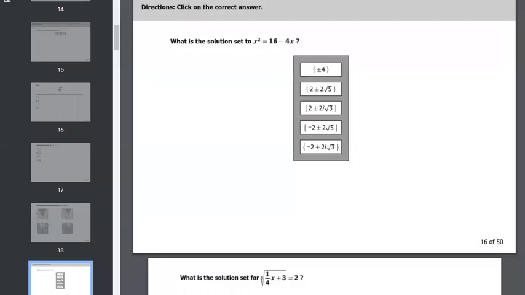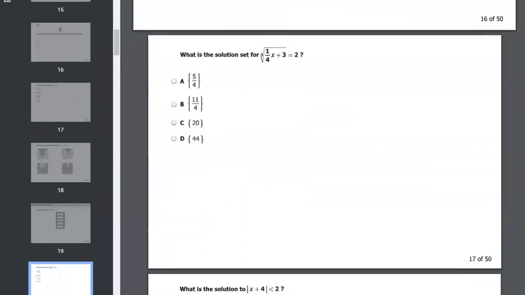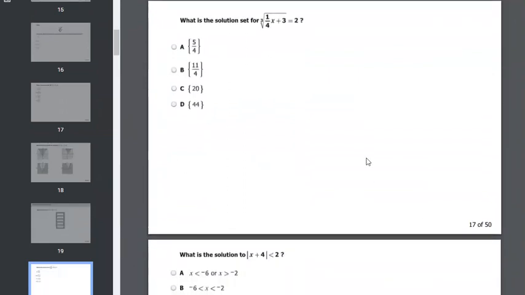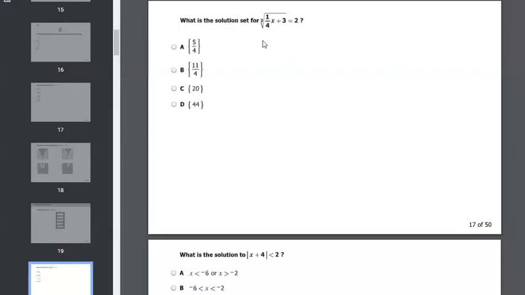Okay, so moving on to 17, we get a cube root equation. So this is the cube root of 1/4 x plus 3. One-fourth x plus 3. What else did they have?